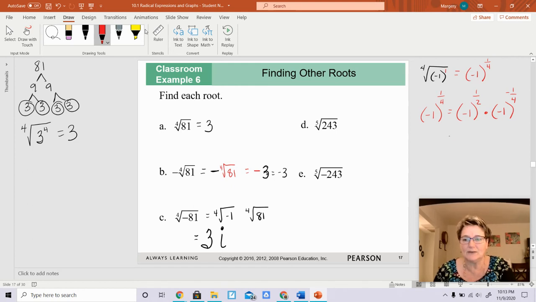So what I can do is this. I end up with, this just means that it's a square root. So the square root of -1, i comes out. If I have something like this, the fourth root of -1 to the -1st power, because you have a negative exponent, you've got to flip it.